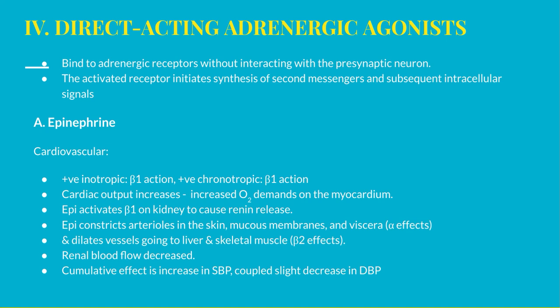And also another thing is that it is going to the liver. Why is it going to the liver? Who can guess why? It can bring out the glycogen from the liver. Cori's cycle, biochemistry.